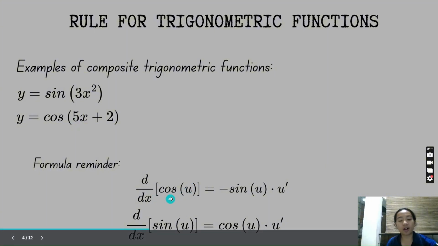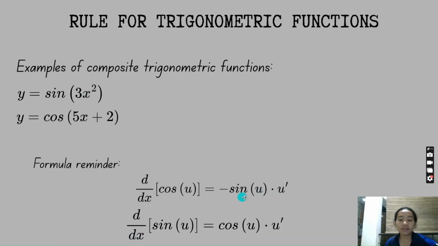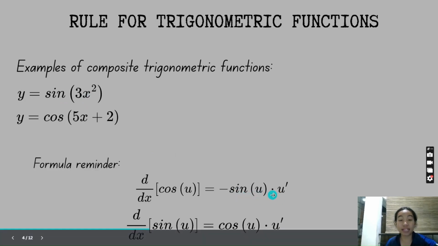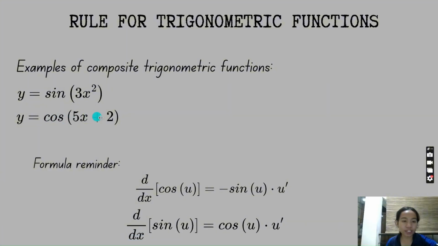The derivative of cos u is negative sine u, where u is the inside or the inner function, times the derivative of the inside function. This is applicable in the given trigonometric function cos of 5x plus 2.